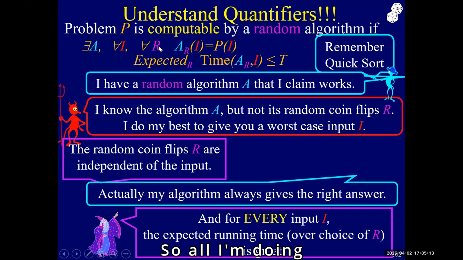All I'm doing is choosing these R's randomly. It's not that I study the input and then choose the R. In reality, I choose the algorithm and I randomly flip the coins and then the input comes.